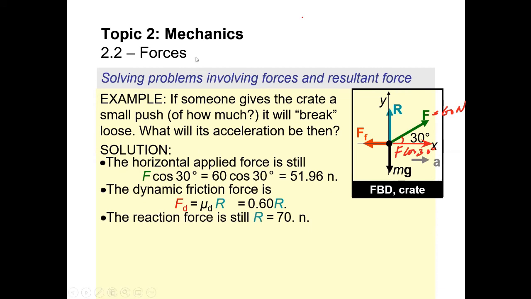How do we find that? Actually, we have done that. The applied force has a vertical component F sine 30 degrees. Since the object is moving horizontally, the resultant force in the y component equals 0, which means R plus F sine 30 degrees minus mg equals 0.